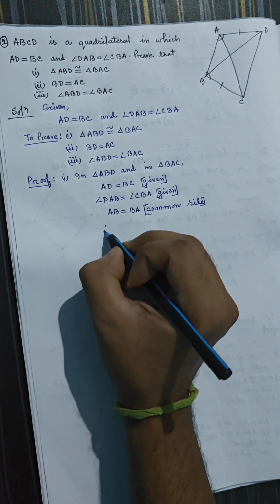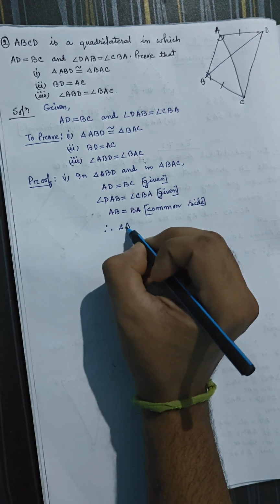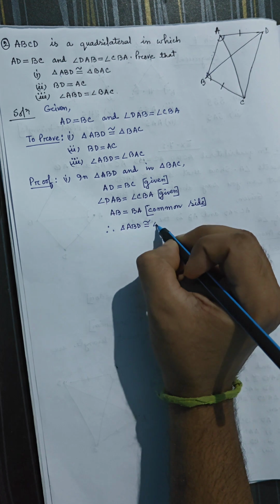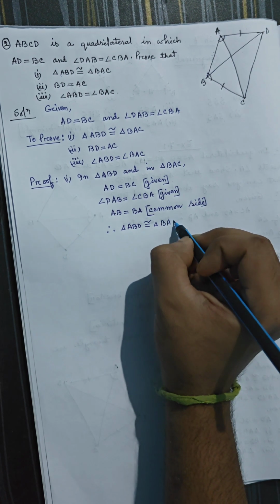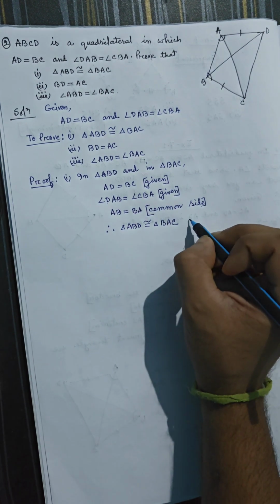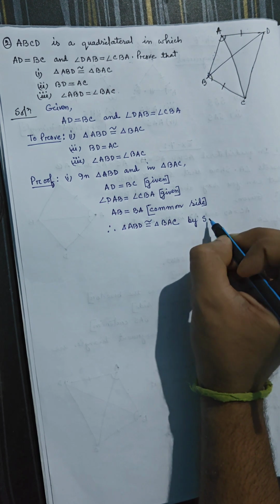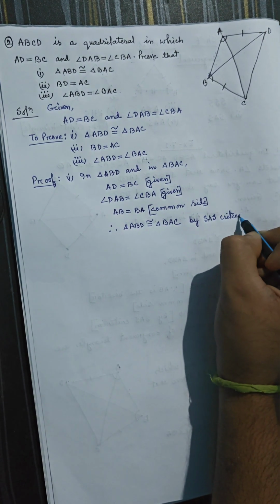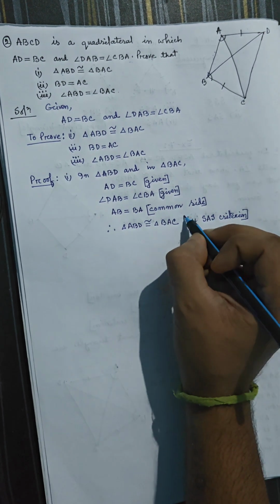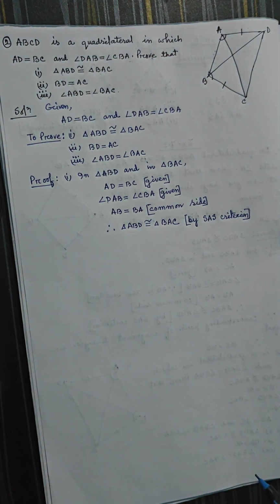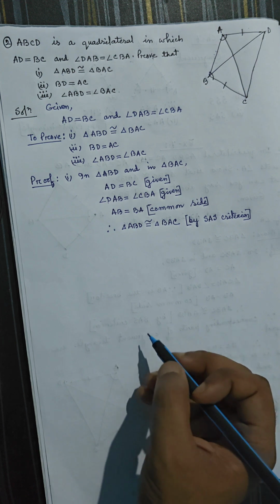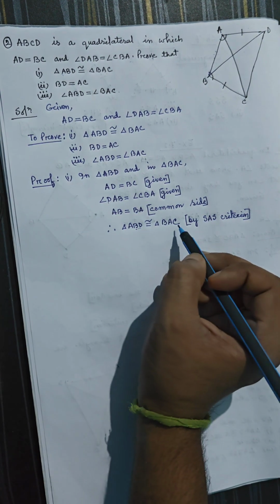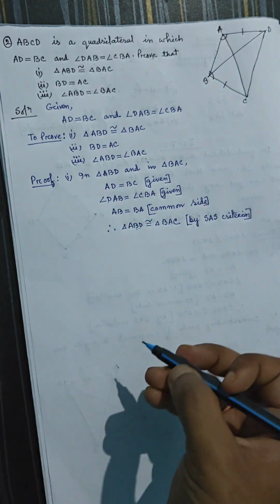So you will write, therefore triangle ABD congruent triangle BAC, within bracket by SAS criterion, side angle side. Okay. Number 2, BD equal to AC. Can I find BD, AC? So by CPCT you can write this.